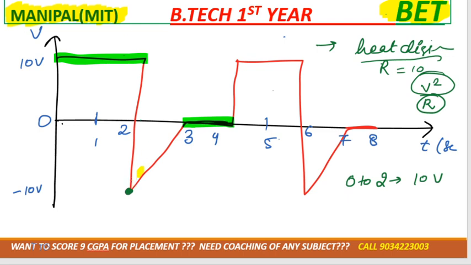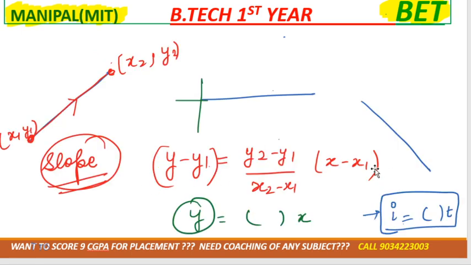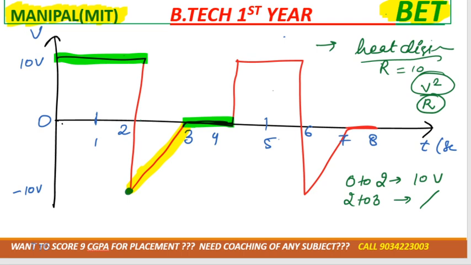Then after that it is varying from 2 to 3 seconds and the output is a slanting line, which means you need to calculate the equation by the equation method I told you, right? After this it is varying from 3 to 4 and that is completely 0, right?